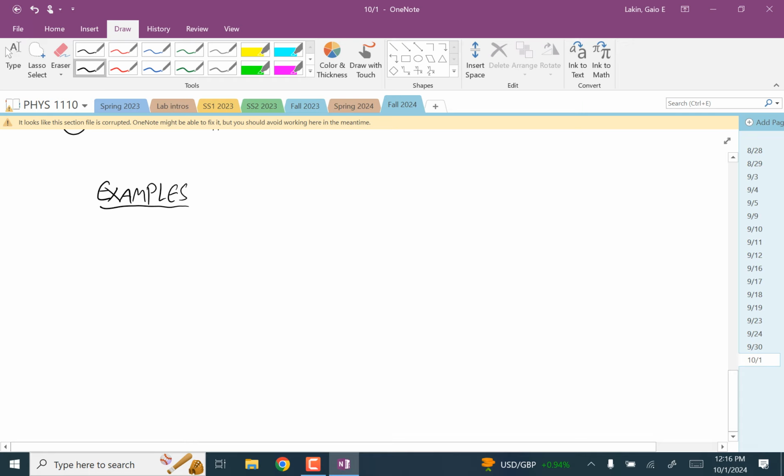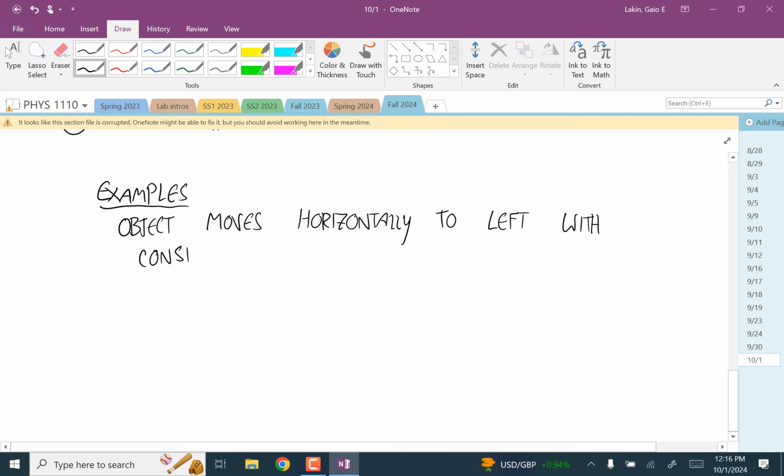So first, let's say an object moves horizontally to the left with a constant speed. Okay, so the object's path is this way. There's the object.